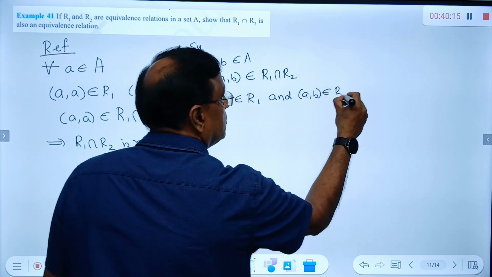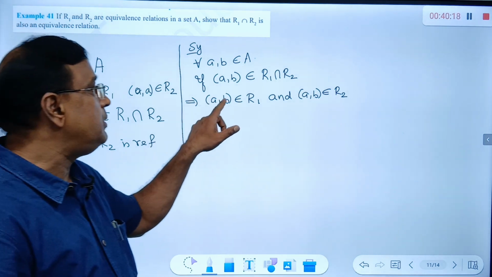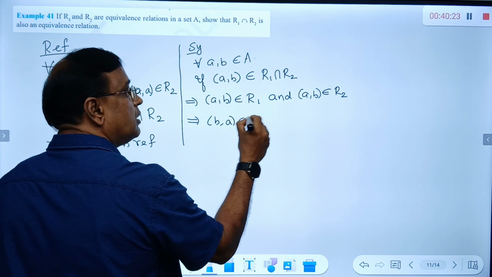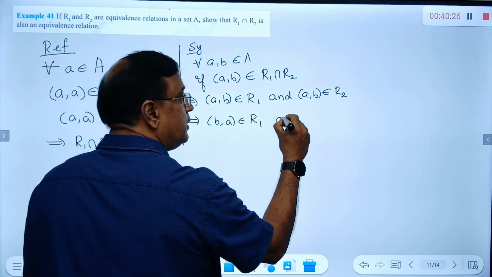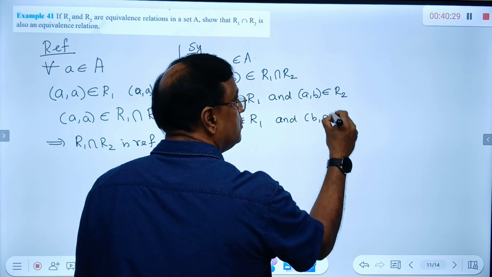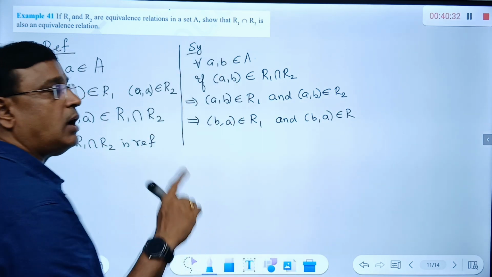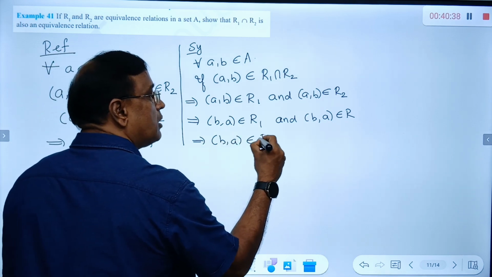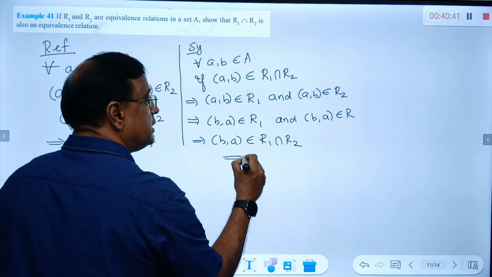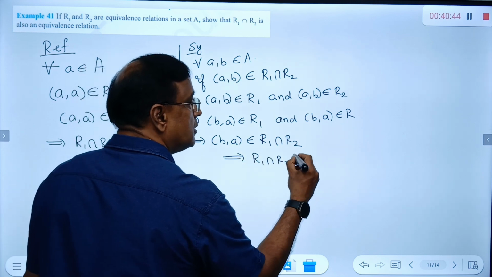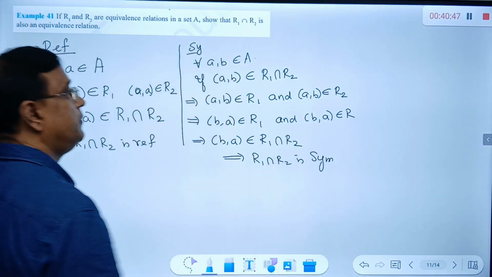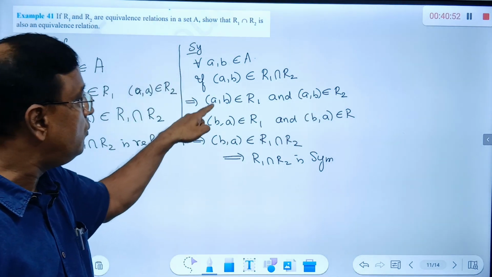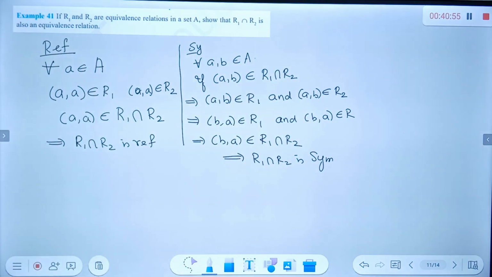Now, if (a, b) belongs to R1, by the symmetric property, (b, a) will belong to R1, and definitely (b, a) will also belong to R2. Since (b, a) belongs to R1 and (b, a) belongs to R2, you will have (b, a) belongs to R1 intersection R2. This implies R1 intersection R2 is symmetric, isn't it? Because R1 and R2 are equivalence relations, so it has to be reflexive, and now I am using the property of symmetric. Now let's go to transitive.